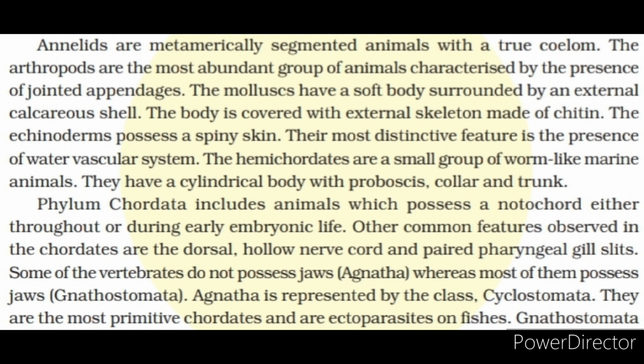Other common features observed in the chordates are the dorsal, hollow nerve cord and paired pharyngeal gill slits. Some of the vertebrates do not possess jaws, Agnatha, whereas most of them possess jaws, Gnathostomata. Agnatha is represented by the class Cyclostomata. They are the most primitive chordates and are ectoparasites on fishes.